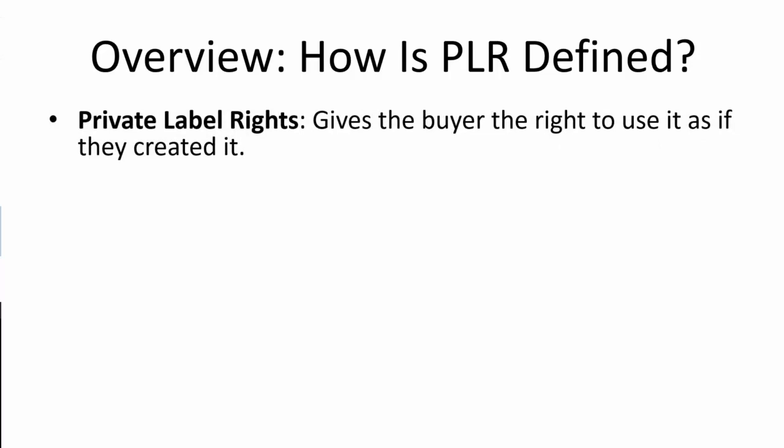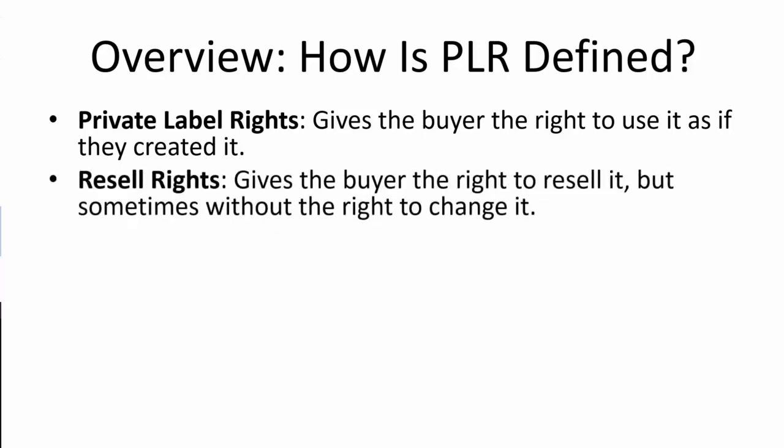Private label rights give the buyer the right to use it as if they created it themselves. You can also buy what's called resale rights. Resale rights give the buyer the right to resell it, but sometimes without the right to change it in any way. So in other words, you don't necessarily have the latitude to edit it or make it your own.